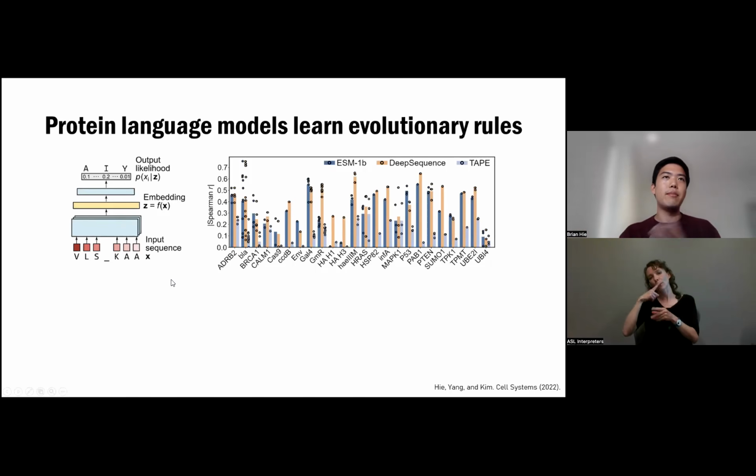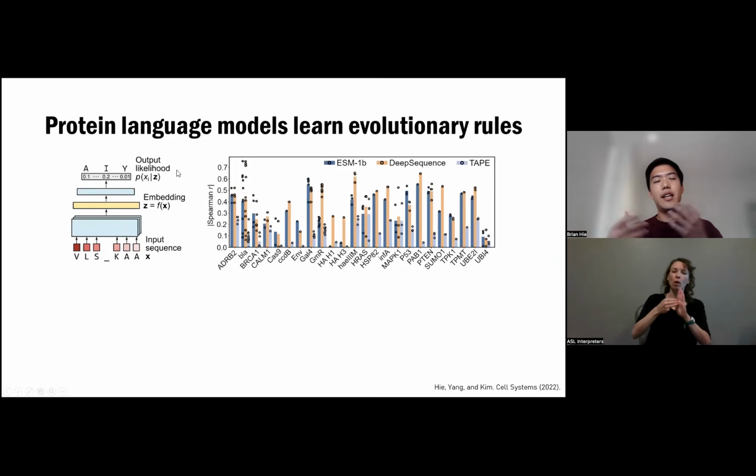One very common way of training these language models is to mask out some residues in a sequence and try to predict them in the output. So these masked language models take some sequence context and output a likelihood over all amino acids for what belongs in this sequence context.